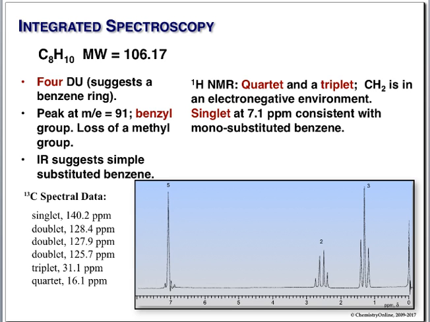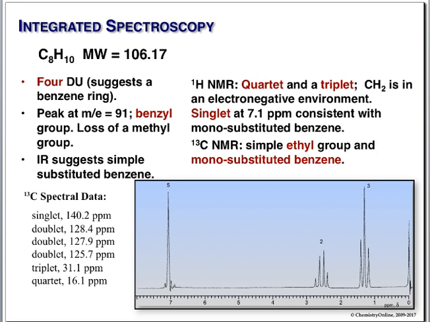One singlet, 3 doublets, monosubstituted benzene. We also have a triplet, that's a CH2, and a quartet's a CH3. Again, that's our ethyl group. Ethyl group and monosubstituted benzene. Go ahead and draw your structure.